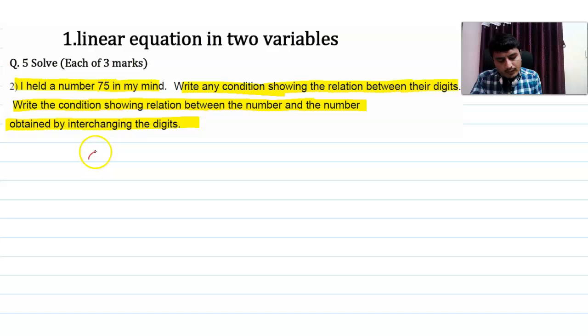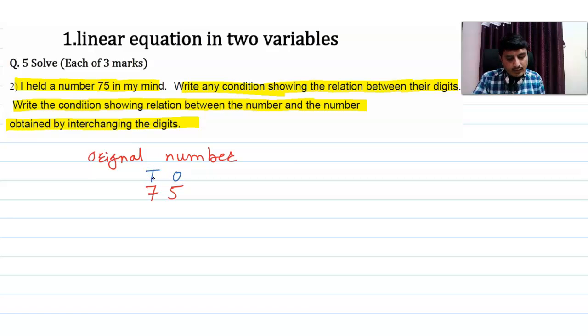The original number is 75, where 5 is at the 1's place and 7 is at the 10's place. Once we interchange the digits, the new number obtained has 5 at the 10's place and 7 at the 1's place, so we have 57.